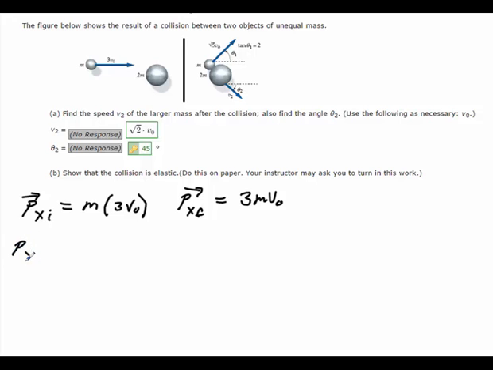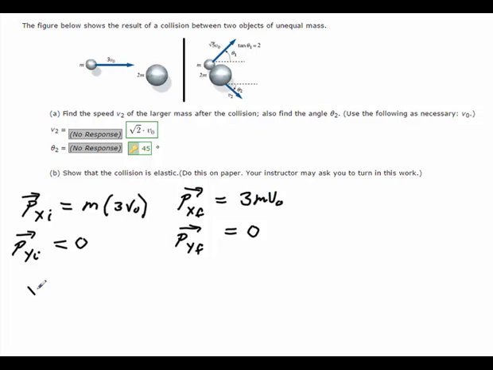Now ask yourself, what is momentum in the y direction initial? It's 0. Nothing's moving in the y direction. So that tells you immediately that the final momentum in the y must equal 0. Alright, so we'll work the problem here.